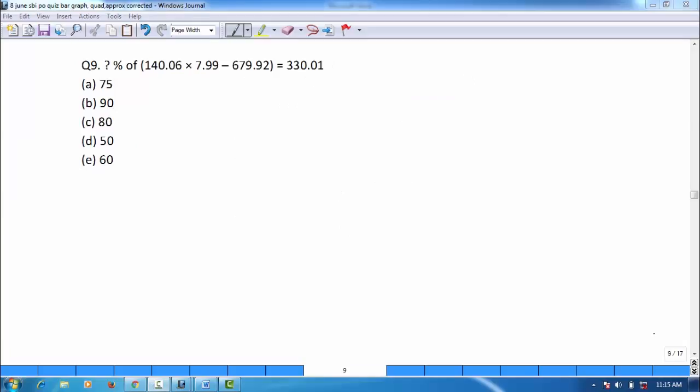Question number 9. Question mark percent of 140.06 into 7.99 minus 679.92 is equal to 330.01.